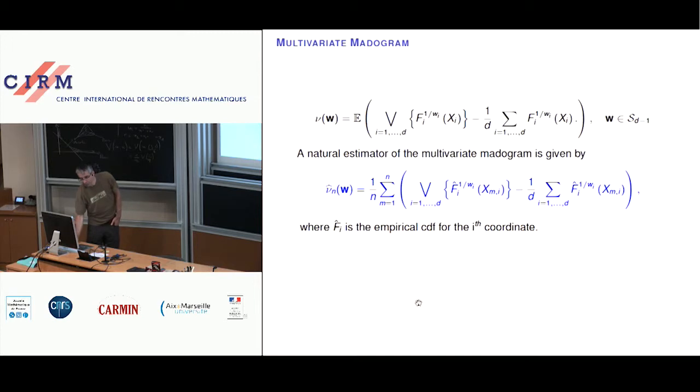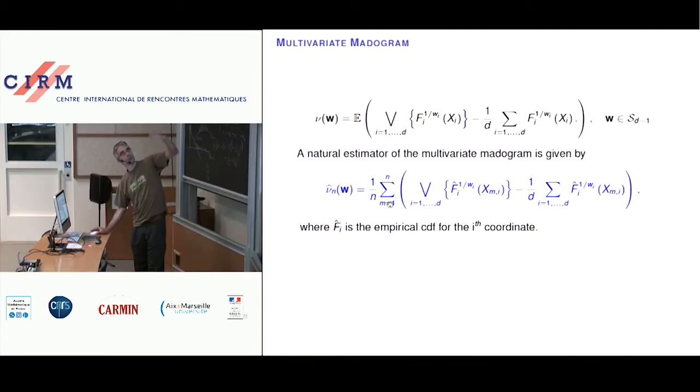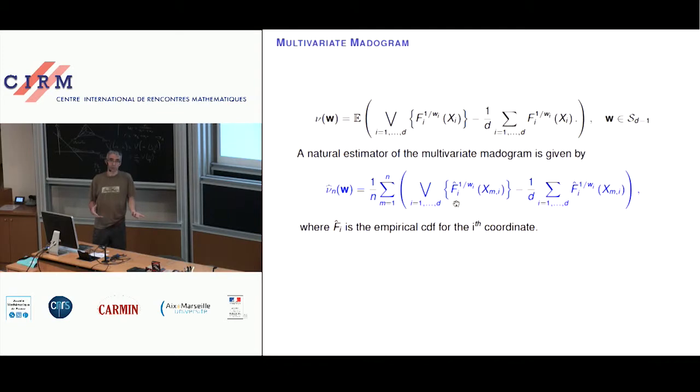And so if you want to estimate that, well, now we have an expectation. So you have 1 divided by n, you sum over all your observations. Usually we don't know what F is, but we can replace it by the empirical distribution. And this gives you basically ranks, okay?